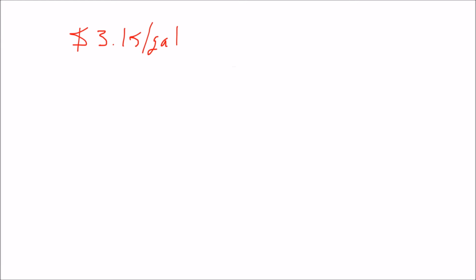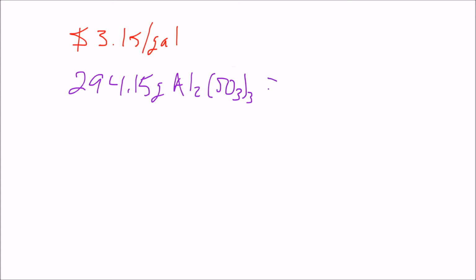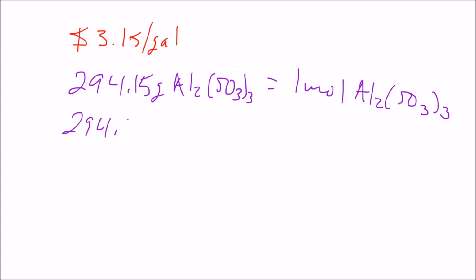So just like over there, when we have 294.15 grams of that stuff is equal to 1 mole of that stuff. Even though there's not a number on the other side, when we write it like this, this is just a way to shorten it so we don't have to write this big long conversion factor every time.